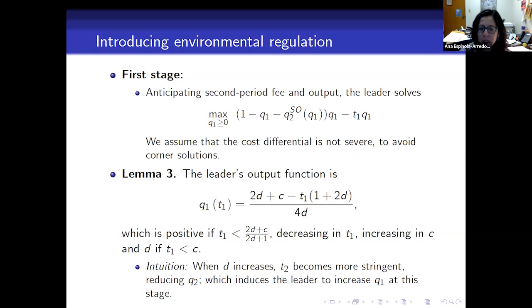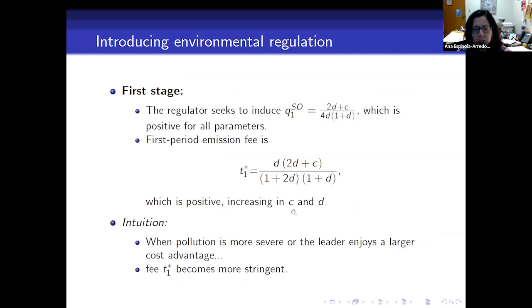And notice that it decreases in D. And the reason that the output produced by the leader decreases in D is because a higher environmental damage will induce higher emission fees in the second period. The leader anticipates this, knows that the follower will produce fewer units, and as a consequence, the leader produces more units.